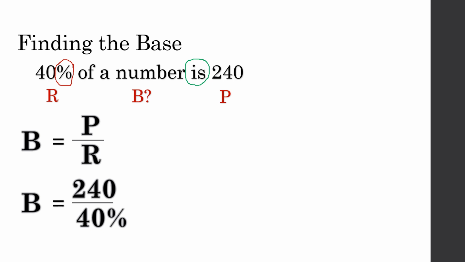Let us substitute the value. P, 240 divided by the 40%, which is the rate. So you cannot divide at once. You have to convert this 40% to decimal. Again, 40%, ang decimal niyan ay nandito sa unahan. So you have to move the decimal point 2 places to the left.